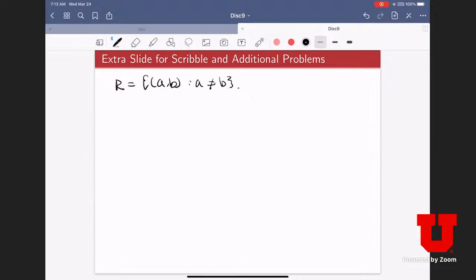It claims that R is symmetric and transitive. All right, and we want to first say if this one is true or false.